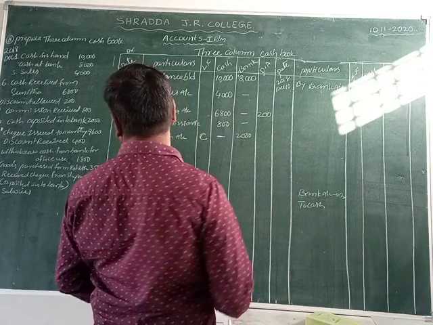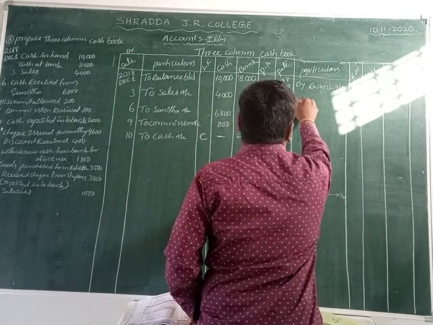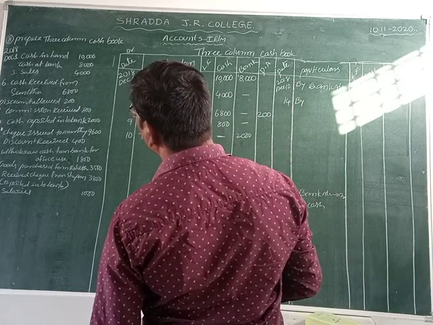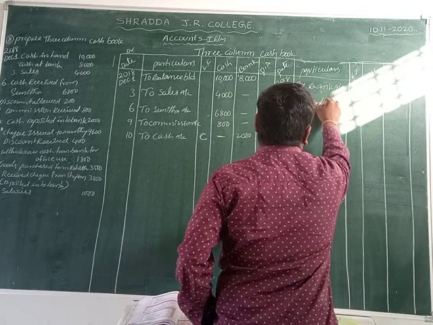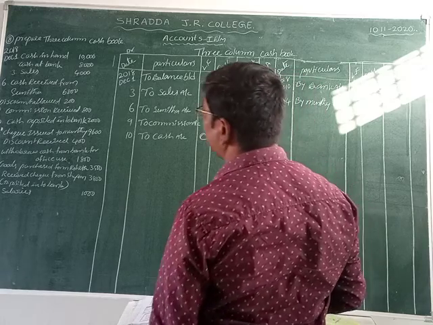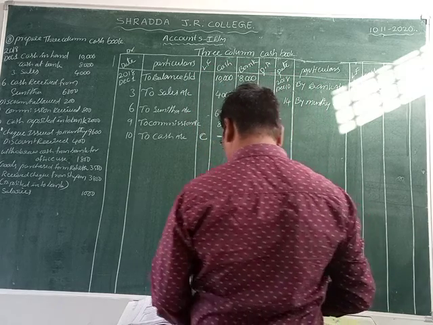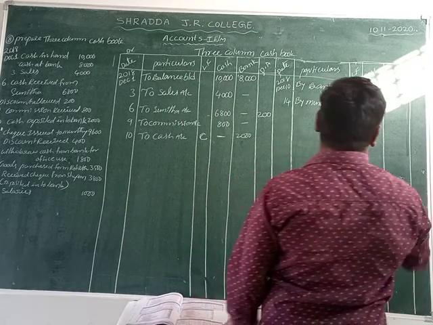Let us write down the date, 14th. By whom? Who is the receiver there? Murthy is the receiver. By Murthy account. The amount is 9600 in the bank column.